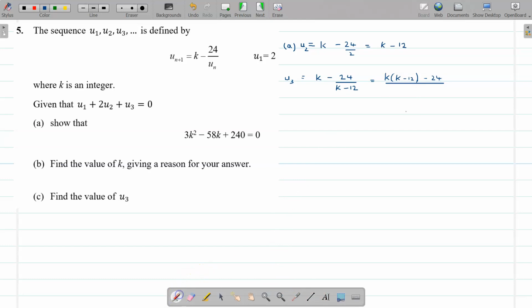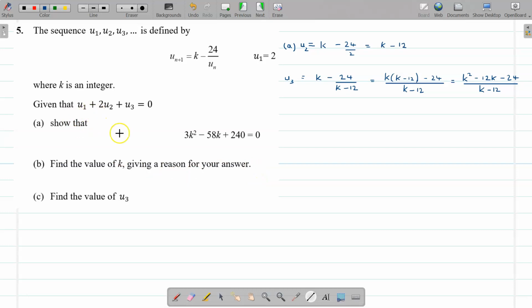It may not be necessary to do that, but it's usually better in these sorts of problems. We'll see in a moment. So that's my term for U3. Now I'll just multiply this bracket out. So I've got k squared minus 12k minus 24 all over k minus 12. So that's my expression for U3.